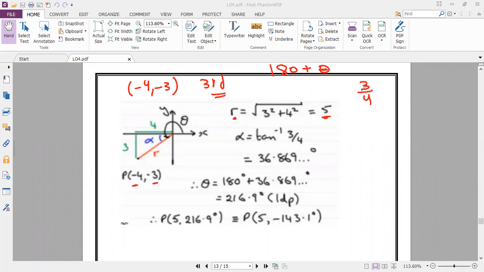Tan theta equals -3 over -4, which is 3 over 4. You will find the angle equals 36.8. And you add 180 plus 36.869. This is the angle. So the polar coordinates are 5 and 216.9. That's it.